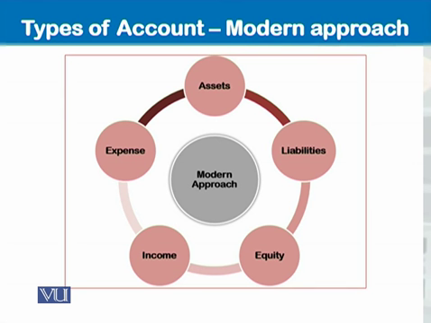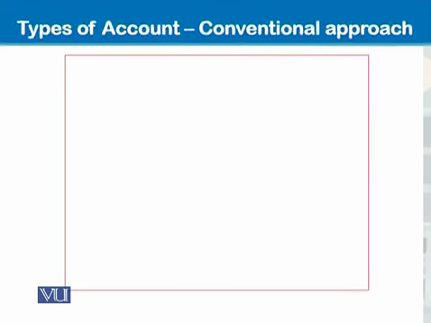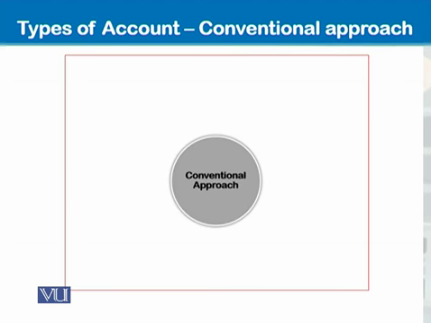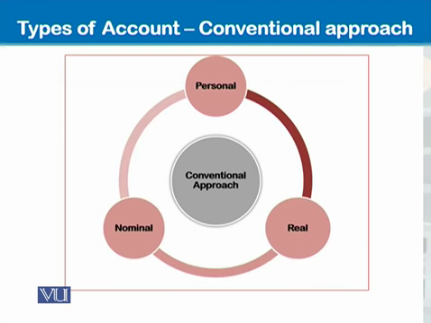But there was a conventional approach as well, through which financial information was classified into 3 heads of accounts. And those 3 heads of accounts are personal account, real account, and nominal account. Conventionally, these 3 types of financial information or accounts were used to identify debit accounting head and credit accounting head.